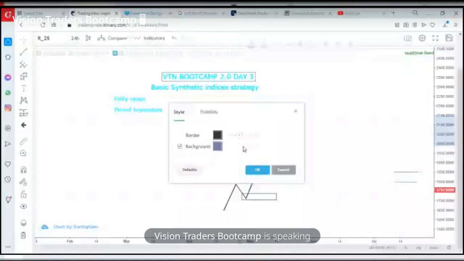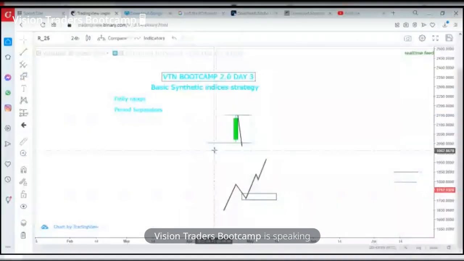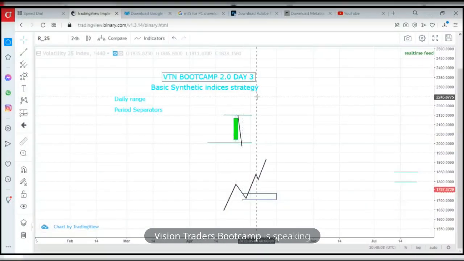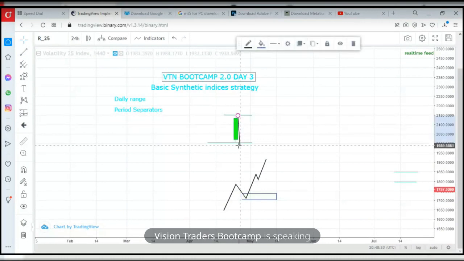I'll show you guys all these things on the chart. So I have a bullish candle in a bullish market. The previous day's candle printed bullish. Now, the next day's candle started bearish. It came all the way down, took out the low range of the previous daily candle.